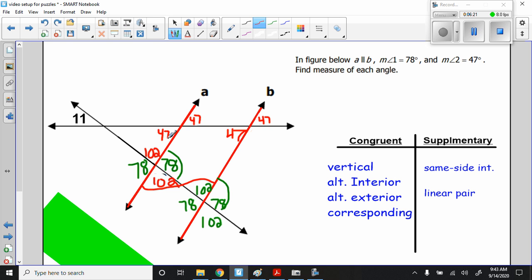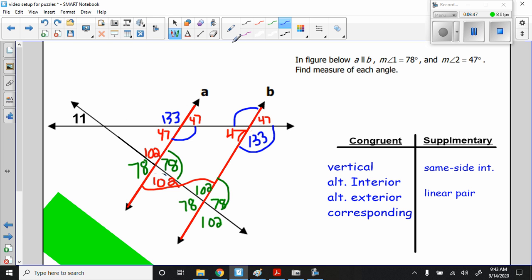Vertical, and then do a half circle anywhere. So that would be 180 minus 47, which is 133. And then all these are 133 as well. Those are vertical. These are corresponding. And then those are vertical.